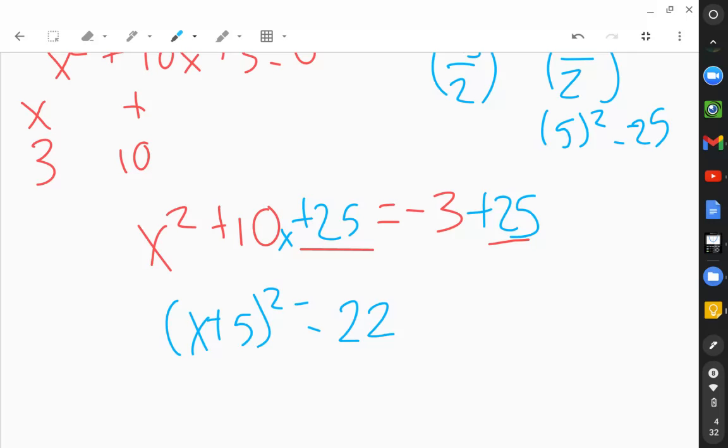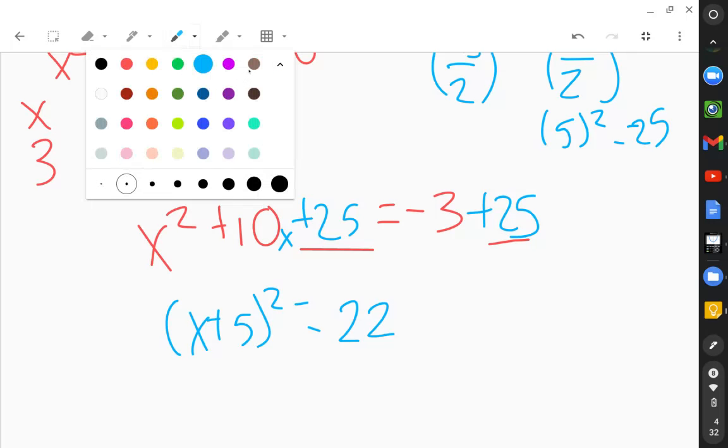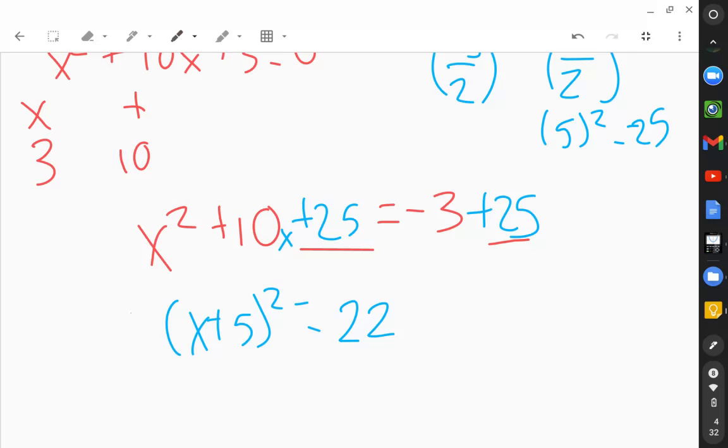And so now we're going to solve for x. And I'm going to take the inverse of squaring something, which is going to be the square root.